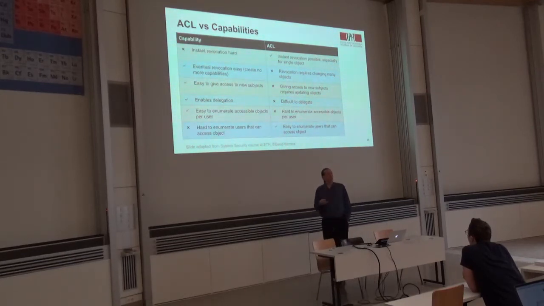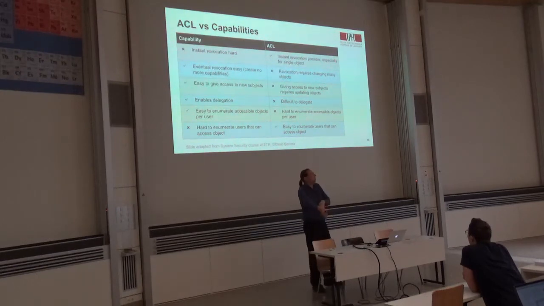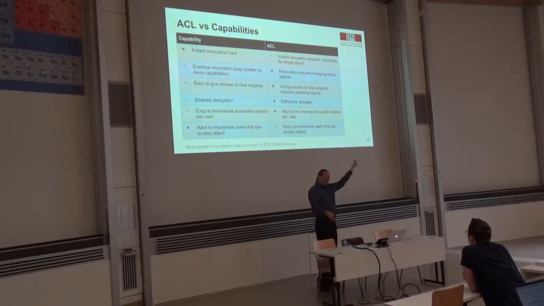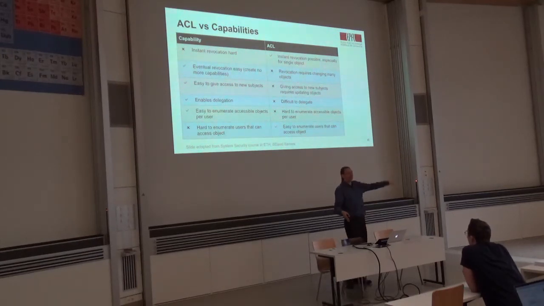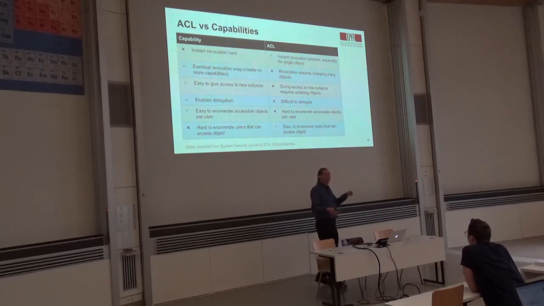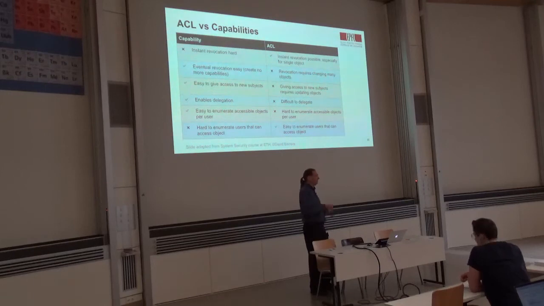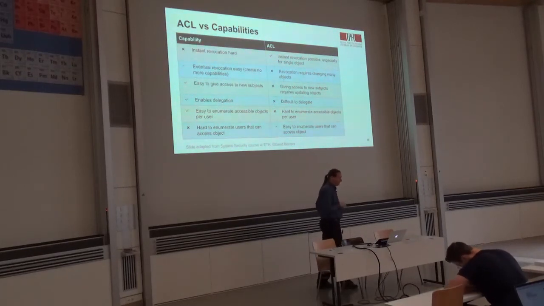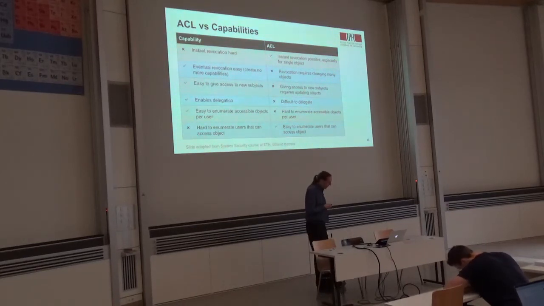Whereas with a capability approach, if you're interested in who has access to the object, you have to search through the capability lists of all the users to figure out who has a capability to access that object. So revocation, or even coming up with a census of who can do what to this object, is harder in the capability model.